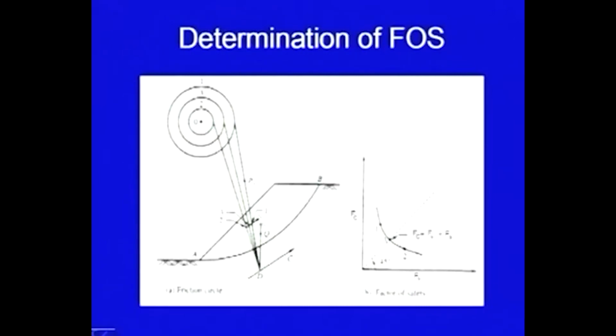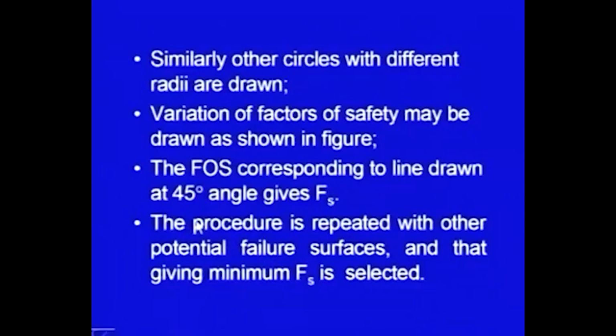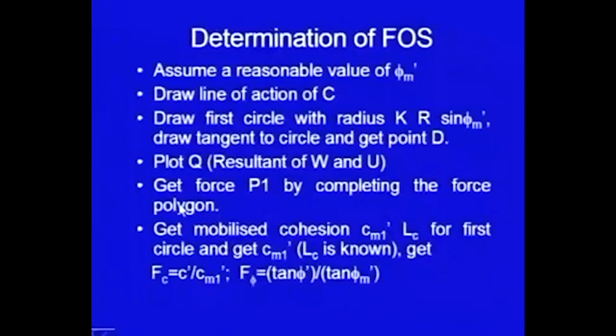Then complete this polygon, draw a line parallel to C. So, this force polygon gives you the force P and the force C. So, get force P1 by completing the force polygon and then get the mobilized cohesion Cm1 dash into Lc.